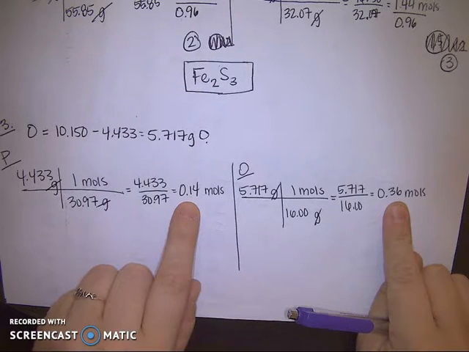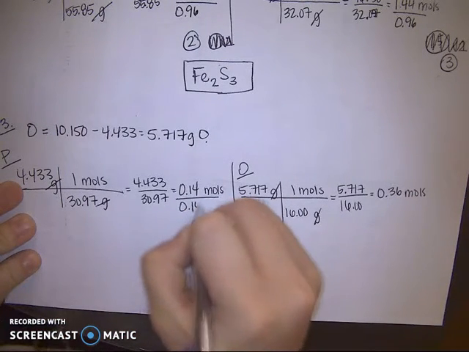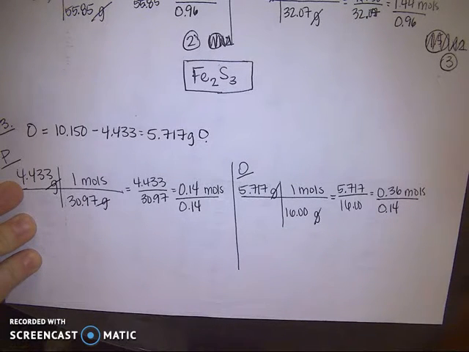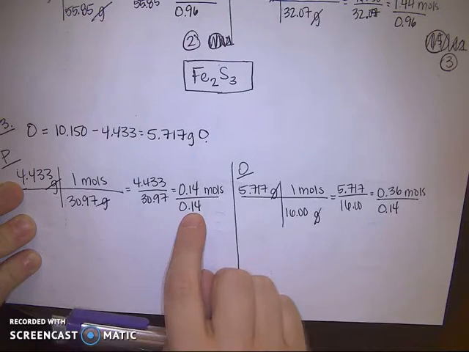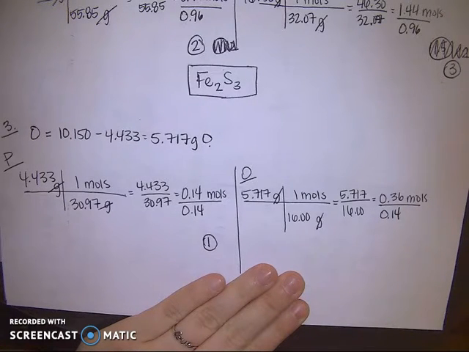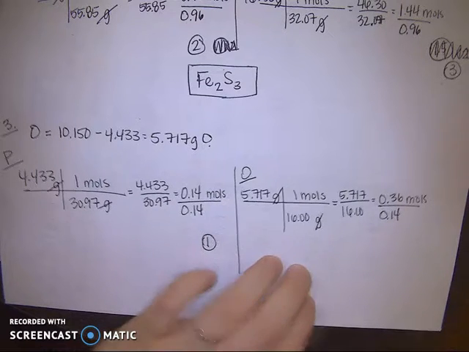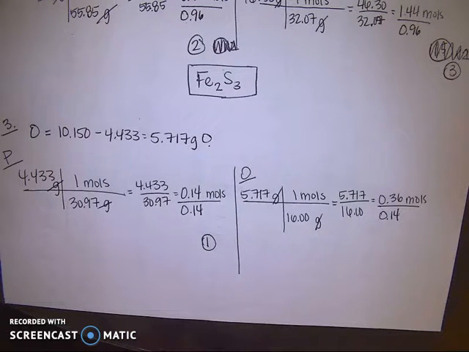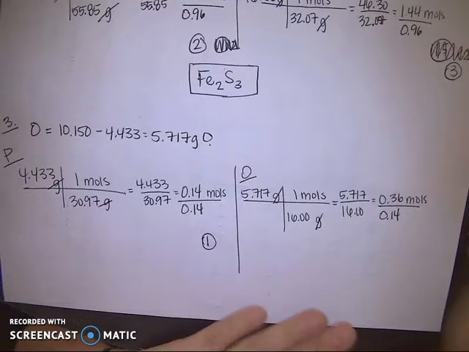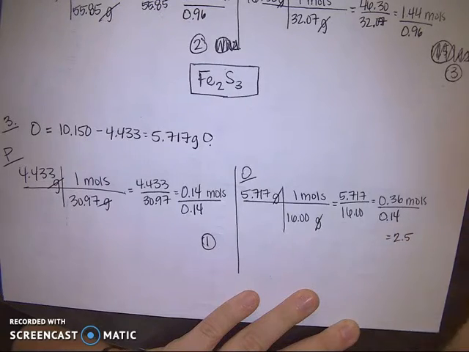Well, we know that 0.14 is smaller than 0.36, so we're going to divide both of these by 0.14. 0.14 divided by 0.14 is 1. 0.36 divided by 0.14 is equal to 2.5. My bad, sorry. We'll say it's 2.5.